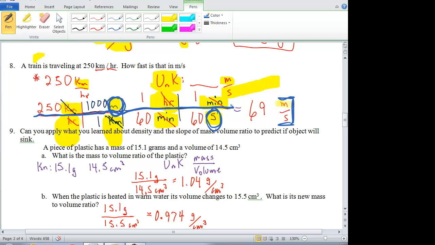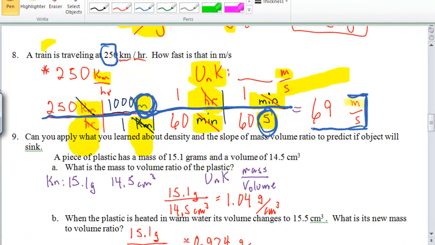So with two significant digits, like these two significant digits right there, my answer should have two significant digits, and it appears that we come out in 69 meters per second. So write that out and play with it if you have any questions on it.